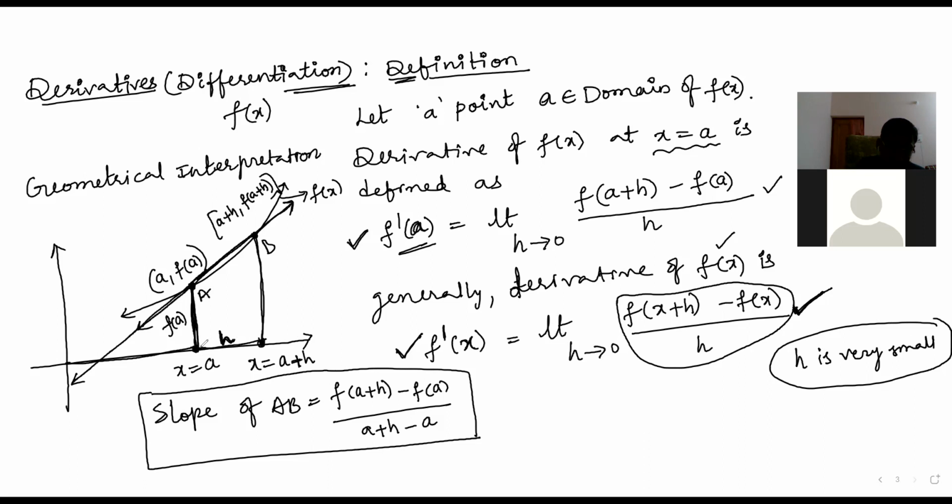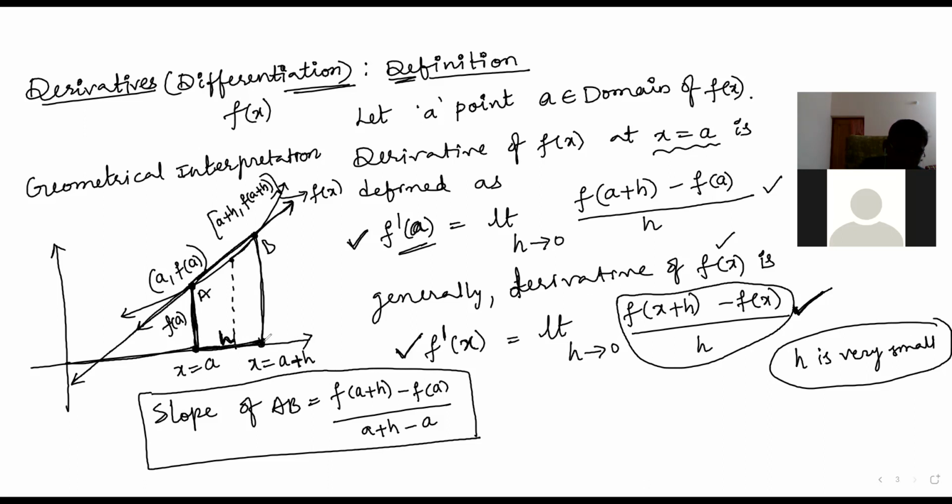That means the width becomes very small. H is tending to 0, so what will happen? This B comes here, right? H is small means B will come here.